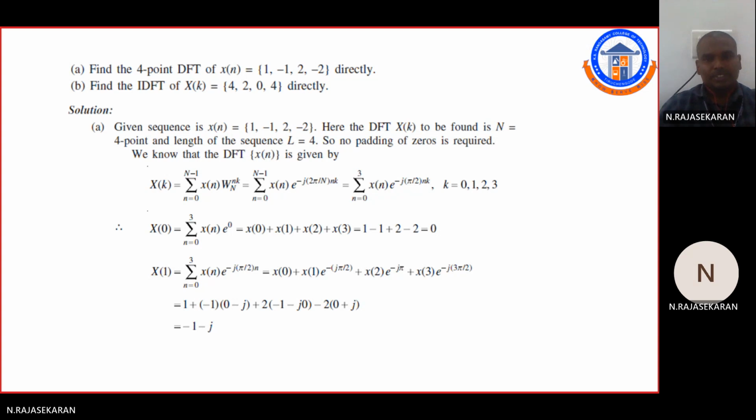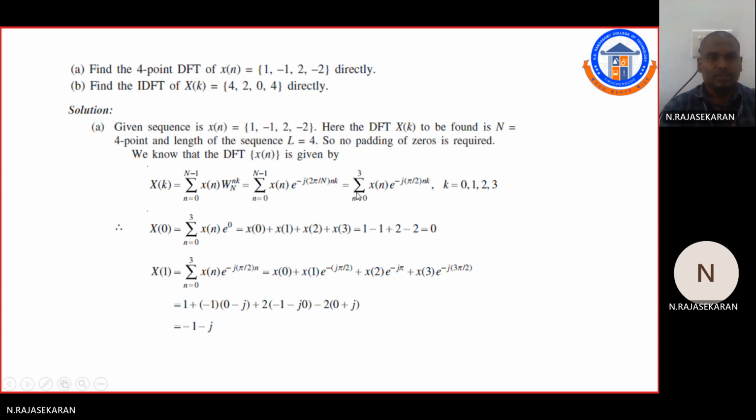X of n e power minus j 2 pi by N, where we substitute N equal to 4. So 2 by 4 can be cancelled, giving e power minus j pi by 2 into nk. This is the expression.